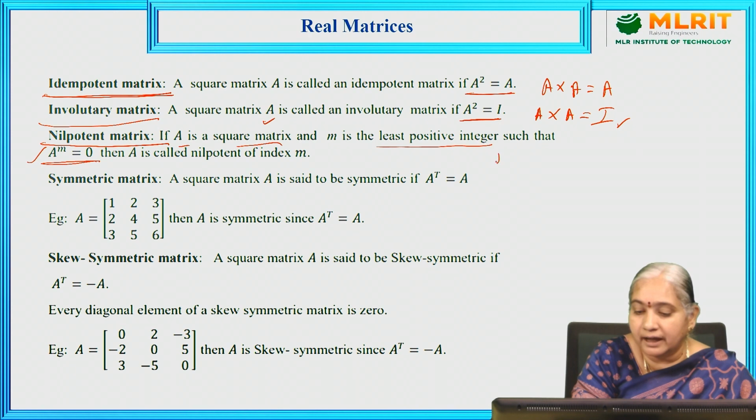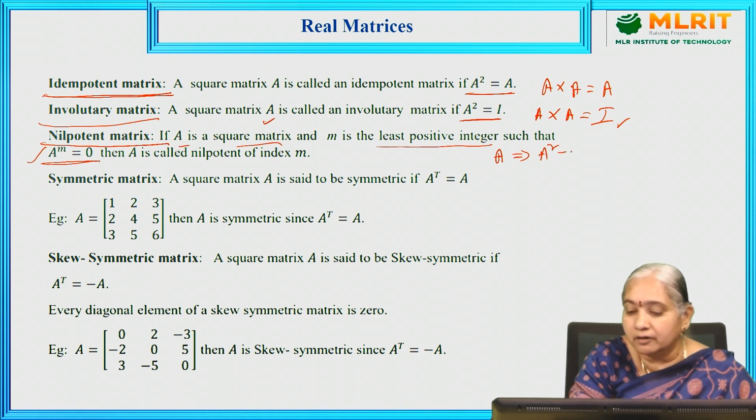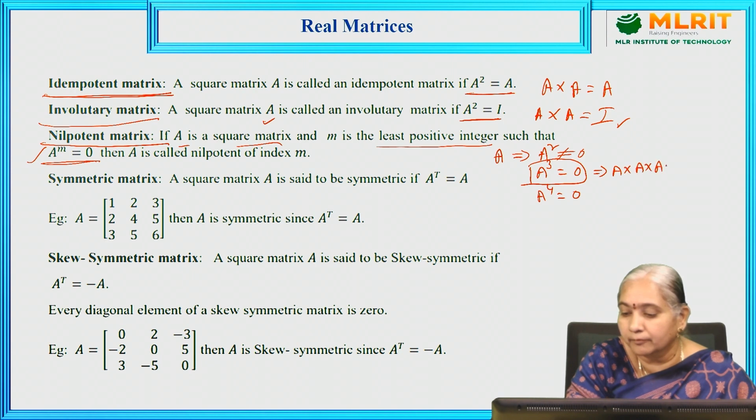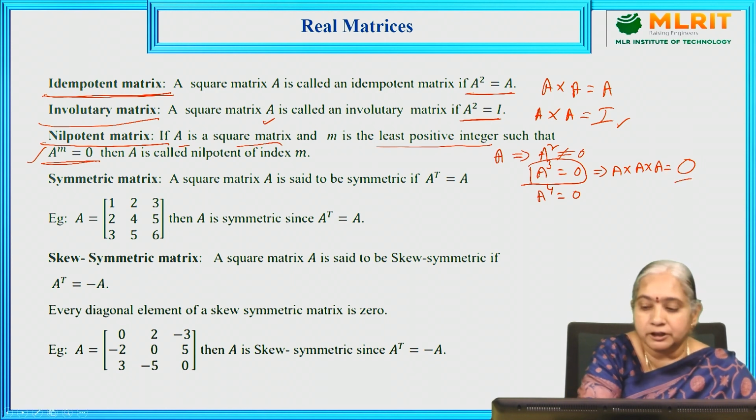Suppose the matrix A is any given matrix, A square not equal to 0, A cube equal to 0, A power 4 equal to 0. Then in this case A cube equal to 0, that means A into A into A equal to the null matrix, and the matrix A is said to be a nilpotent matrix.